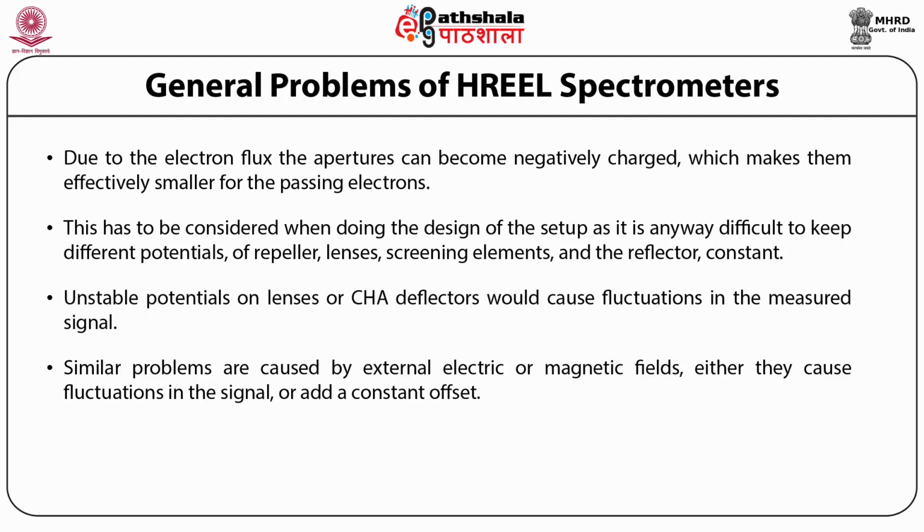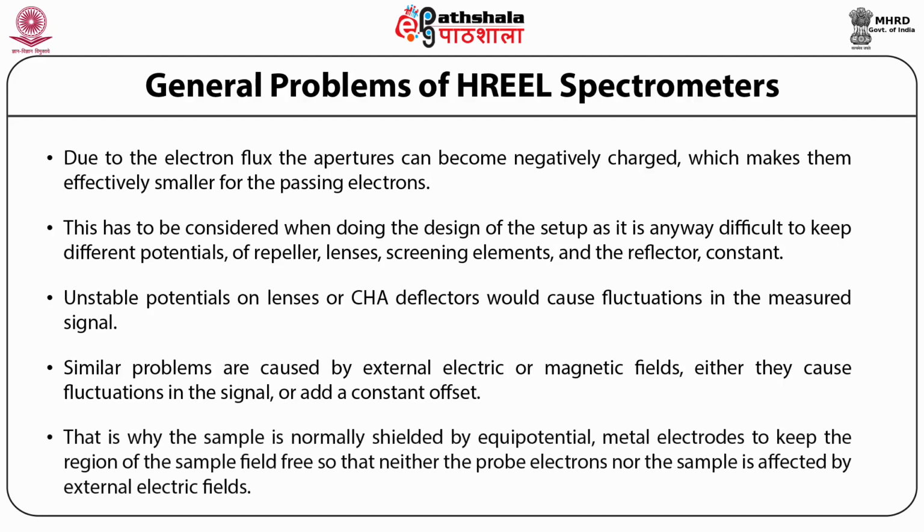That is why the sample is normally shielded by equipotential metal electrodes to keep the region of the sample field free, so that neither the probe electrons nor the sample is affected by external electric fields.